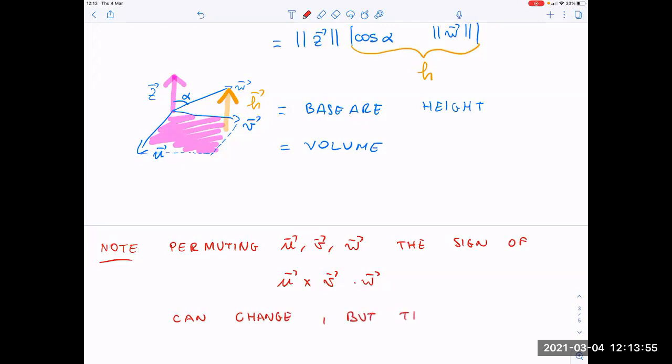But the absolute value is the same because it's the volume, right? Volume is the same, no matter, is always the same.